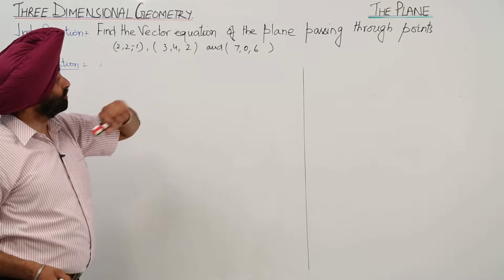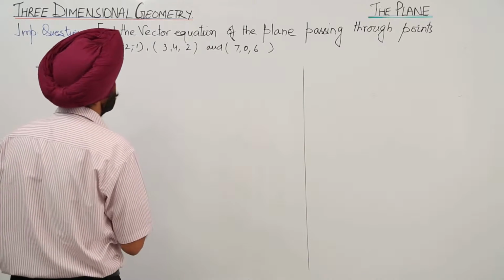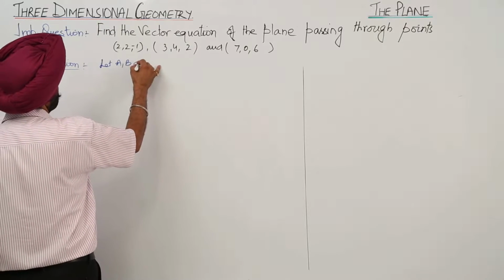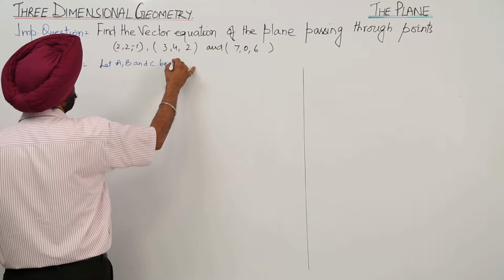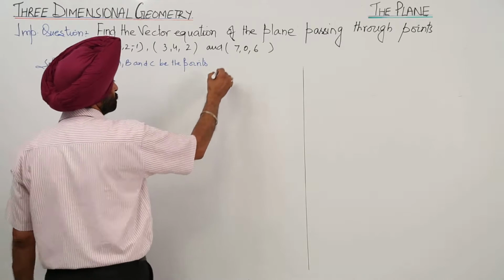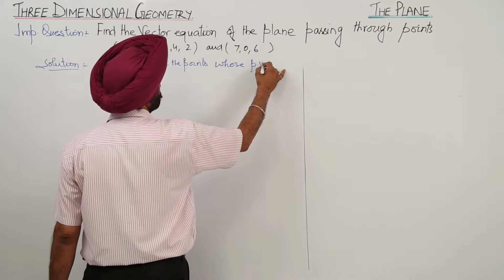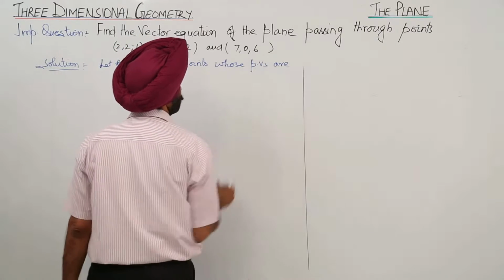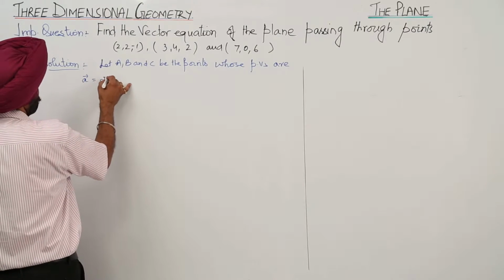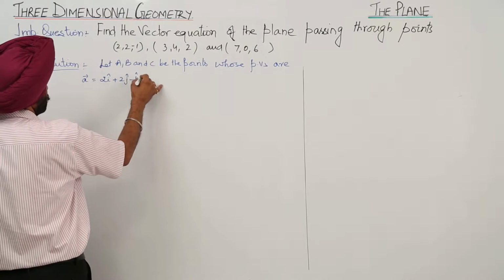Find the vector equation of the plane passing through 3 given points which are non-collinear. Now, let A, B and C be the points whose position vectors are vector A is equal to 2i cap plus 2j cap minus 2k cap.